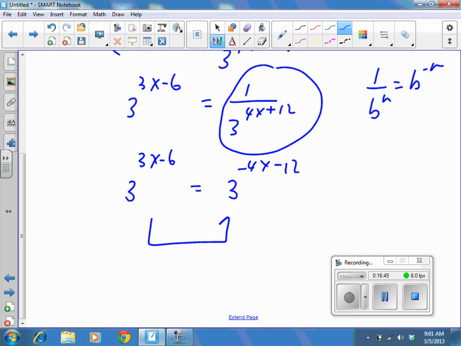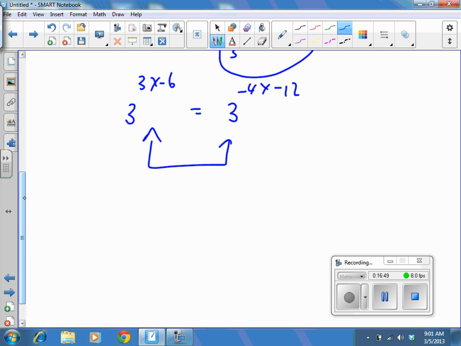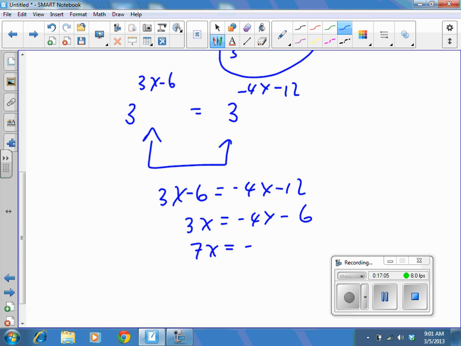When the bases are the same, I can equate the exponents. Solve for x. I'm going to add 6 to both sides and add 4x to both sides. So x is equal to negative 6/7.